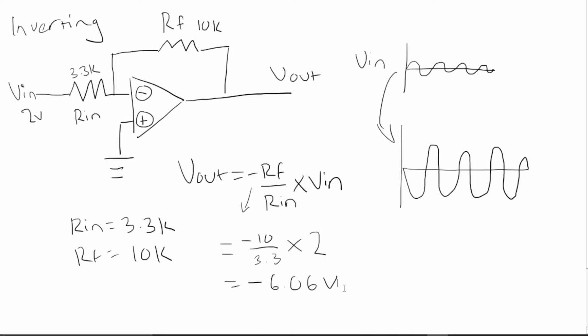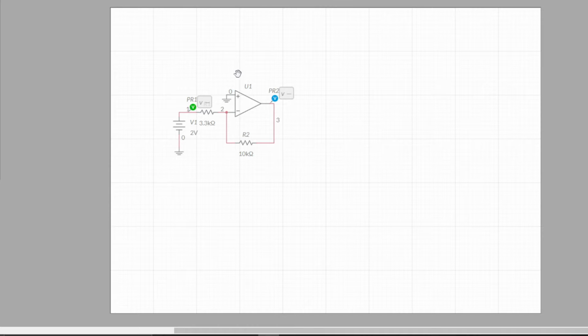I will now load this circuit into MultiSim and we'll see what we get. So I've got our circuit up in MultiSim. I've put in the values of what we've done in the example. We've got our inverting amplifier, our R in is 3.3k ohms, and our R F, our feedback resistor, is 10k ohms. And we've got the voltage probes here to see.